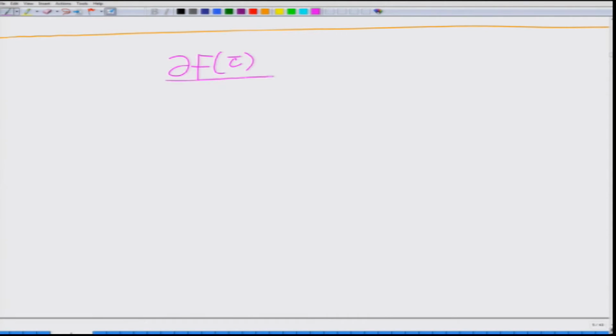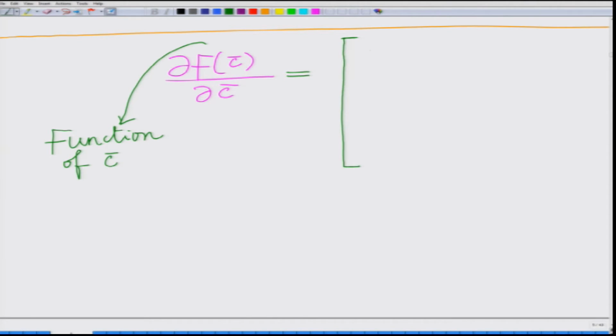this is a function of C bar, and its derivative with respect to C bar will be dou f by dou C 1, dou f by dou C 2, so on, dou f by dou C n, that is the derivative with respect to each component.